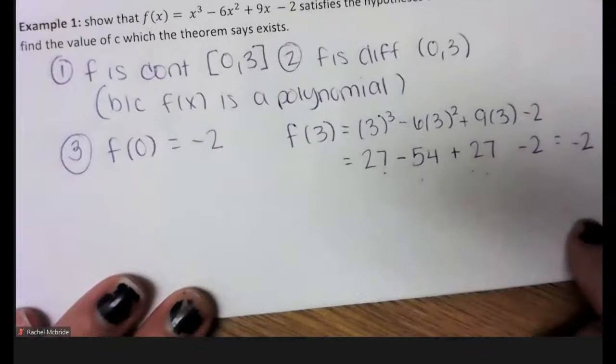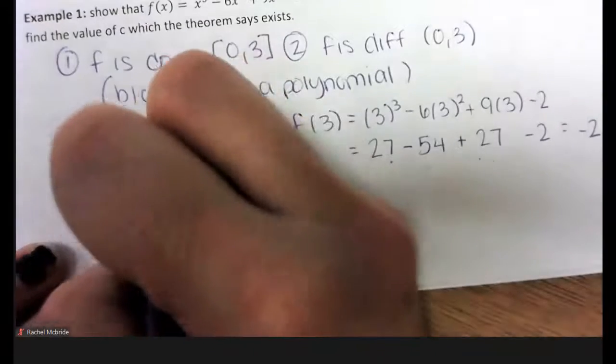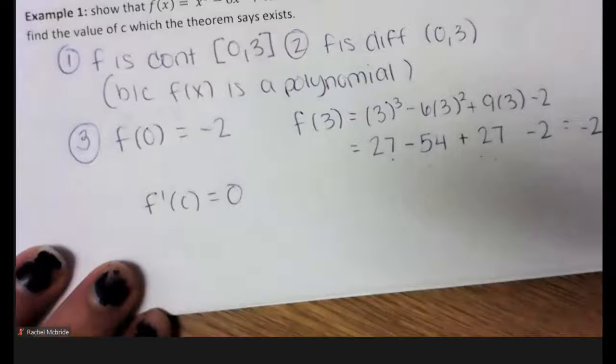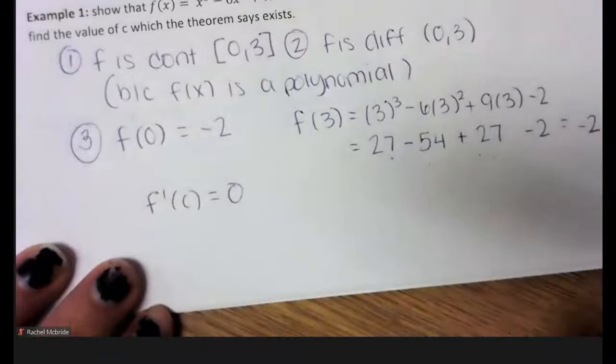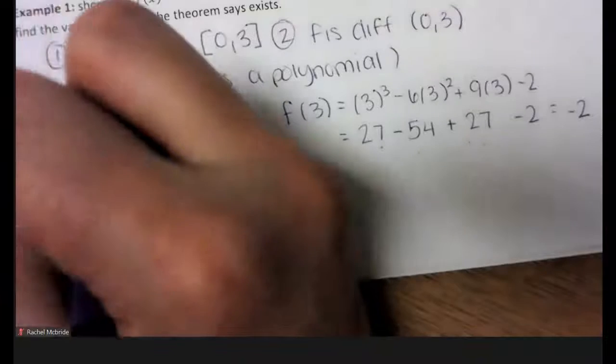So therefore, by Rolle's theorem, I am guaranteed an f prime c equal to 0 between 0 and 3.